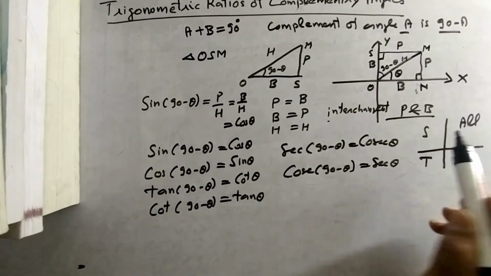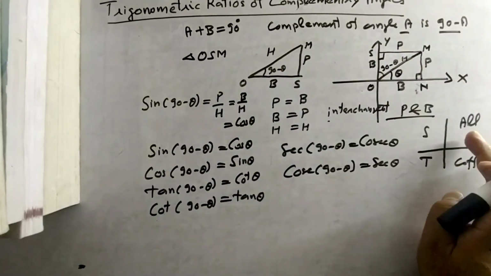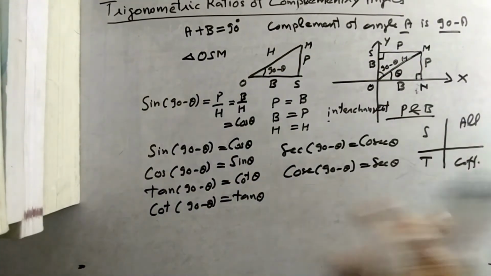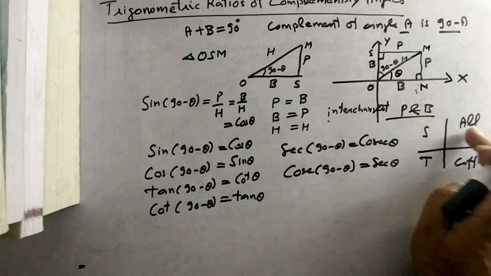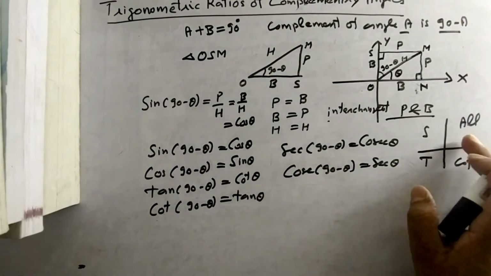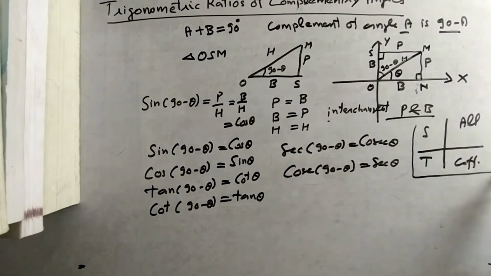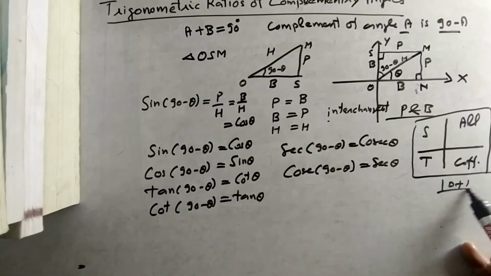Sine becomes cos, cos becomes sine. And since 90 minus theta lies in the first quadrant, sine converted to cos, and here cos is positive. Cos becomes sine, right? But this trick will be applicable when you go to 11th class.